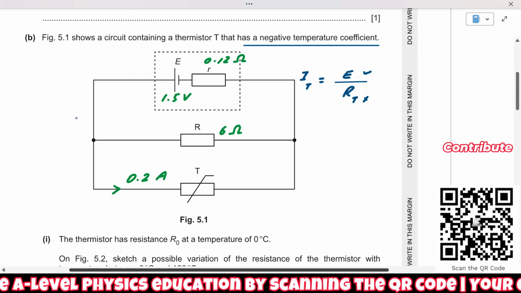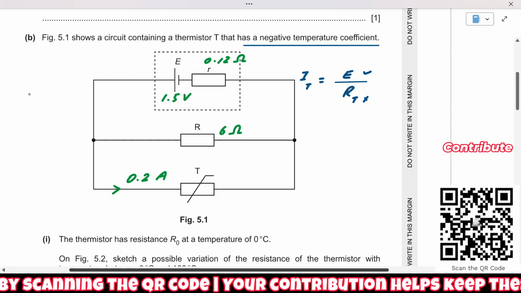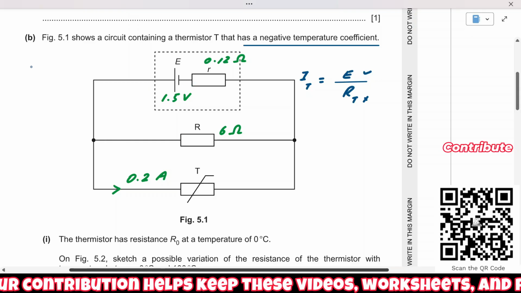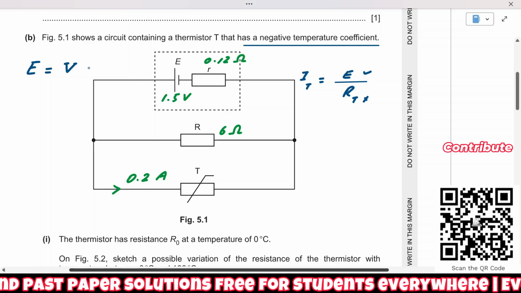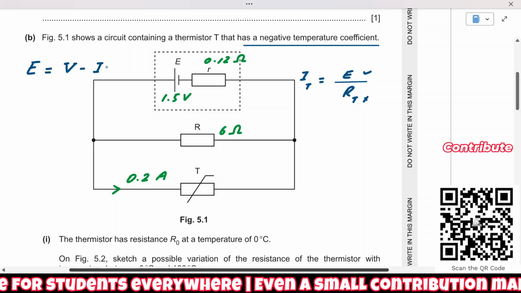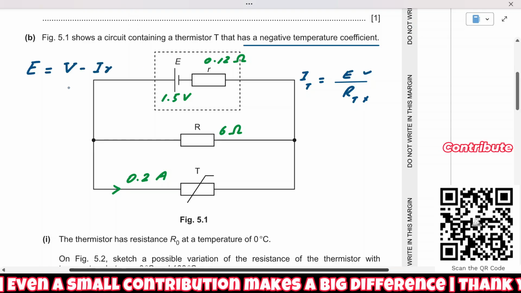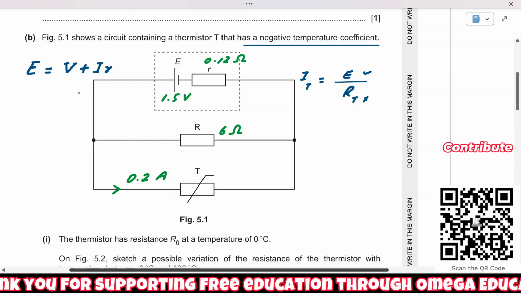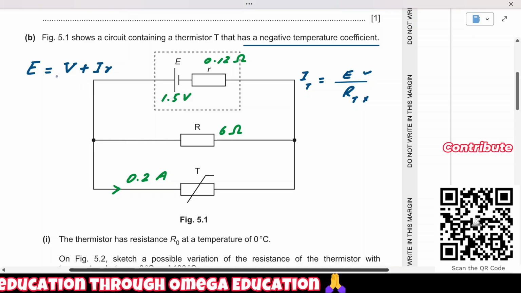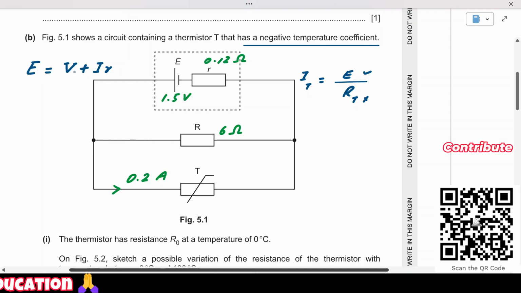One of the formulas that we have whenever we have internal resistance is EMF equals terminal voltage plus IR. EMF equals terminal voltage plus current of the battery times the internal resistance.